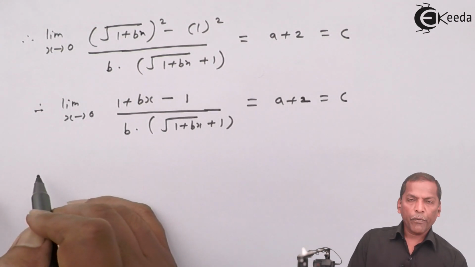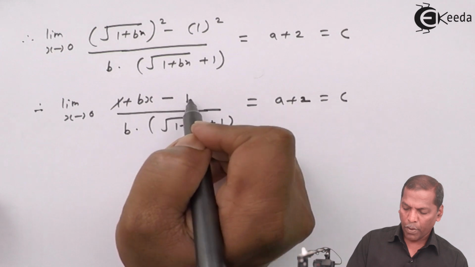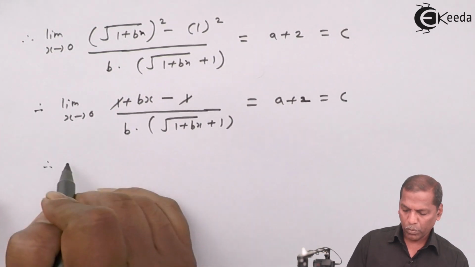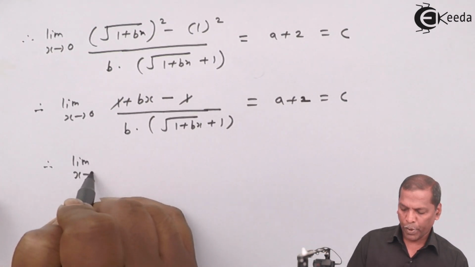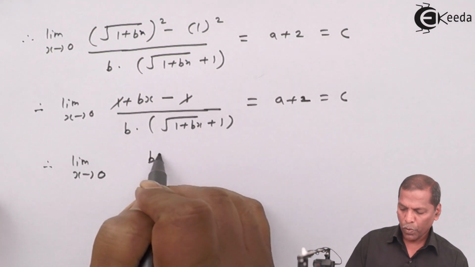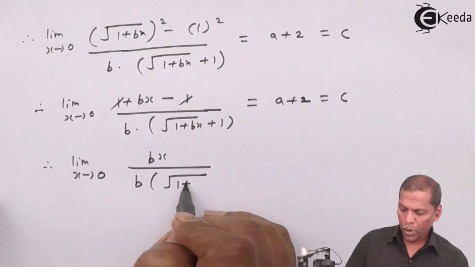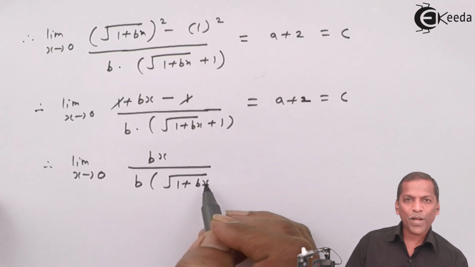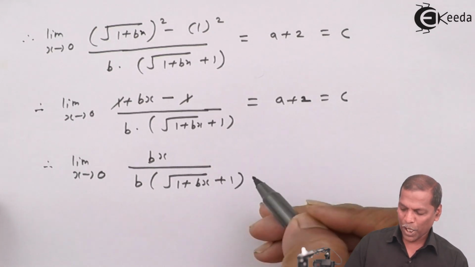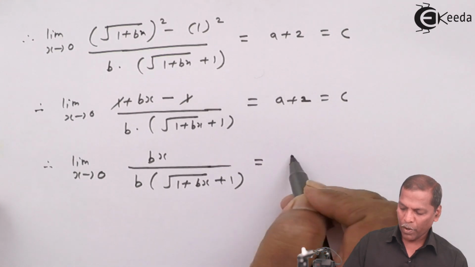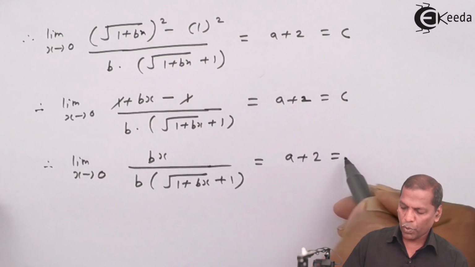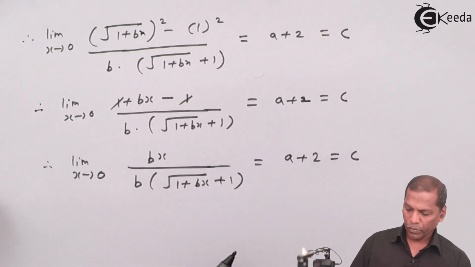Now in the numerator we cancel plus 1 and minus 1. So the next step will be limit x tends to 0 bx upon b, in the bracket square root of 1 plus bx plus 1, that is equal to a plus 2 and that is equal to c.